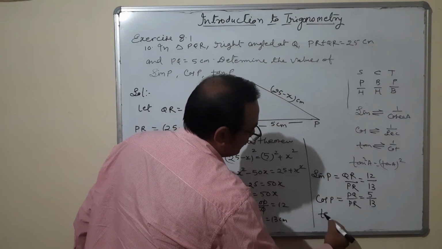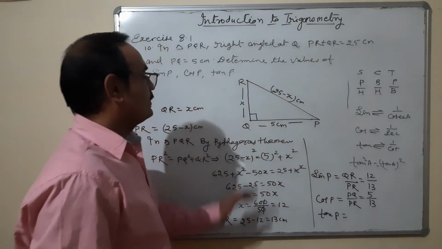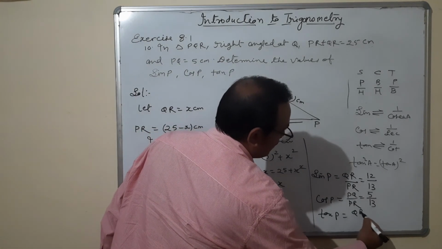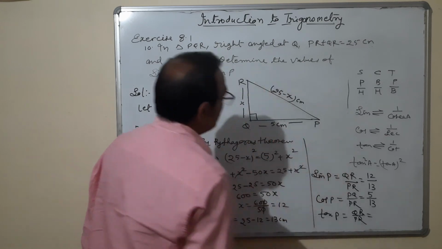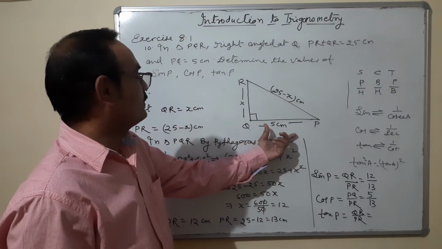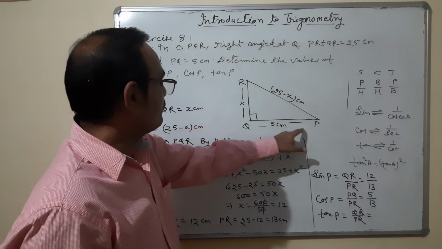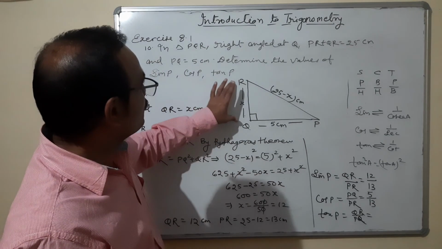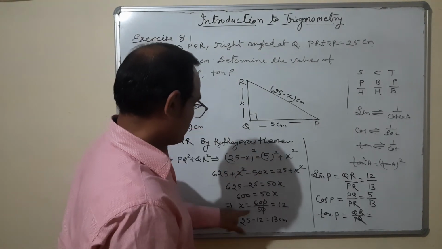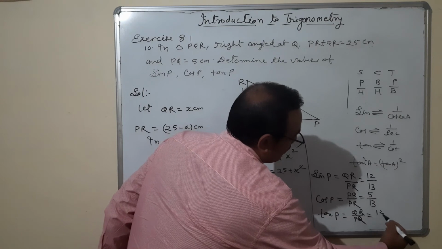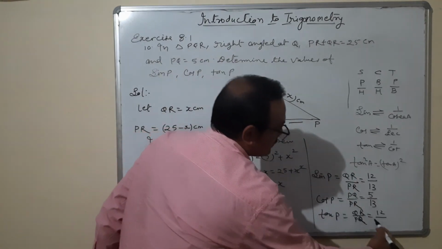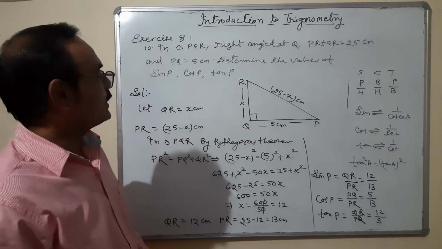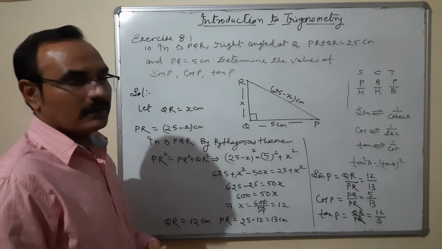And third one is tan P: perpendicular upon base, QR upon PQ. QR is 12 upon PQ, which is 5. So these are the three trigonometric ratios: 12 upon 13, 5 upon 13 and 12 upon 5, sin P, cos P and tan P.